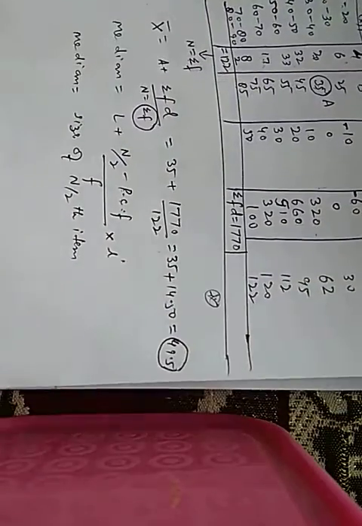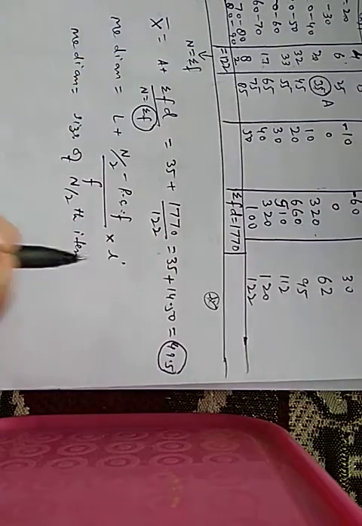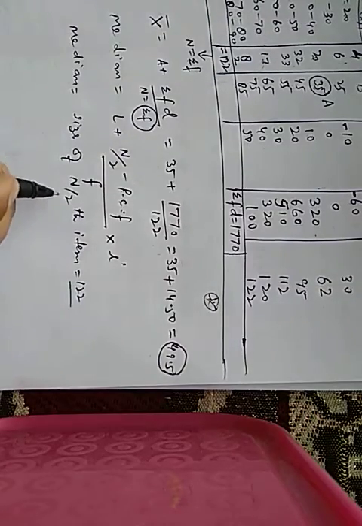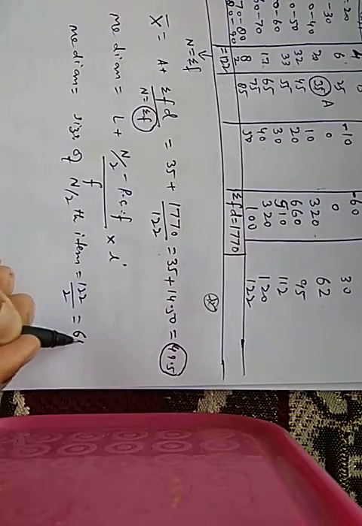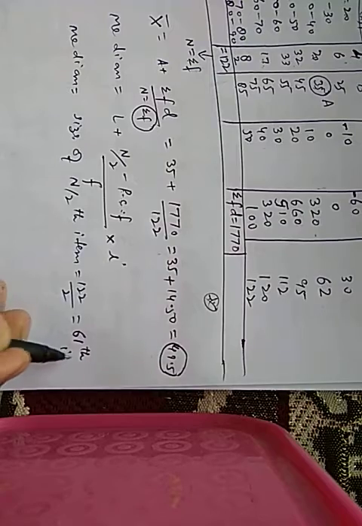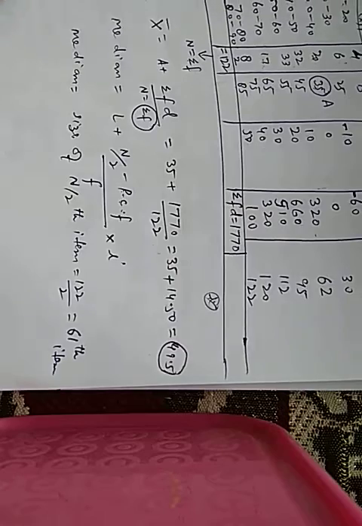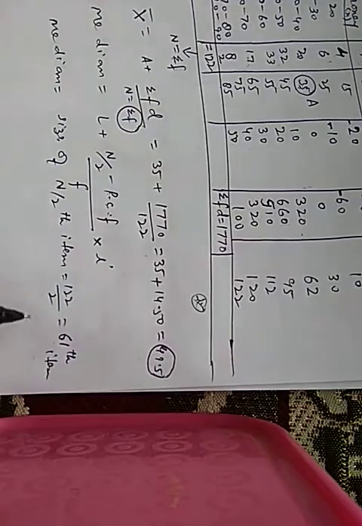Where n is sigma f and its value is 122, divided by 2, it will be equal to the 61st item. We have to locate the 61st item in the cumulative frequency.